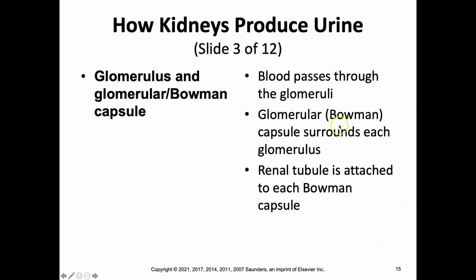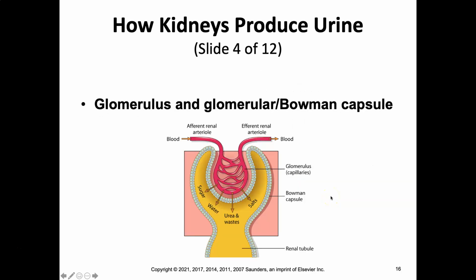And so this is talking about how the blood passes through those itty bitty glomeruli that's surrounded by the Bowman capsule, and then you have the attachment. So here's a picture of that. All right, we were talking about how the arterioles, the blood comes in, an afferent one, so that means coming in. Efferent means leaving.